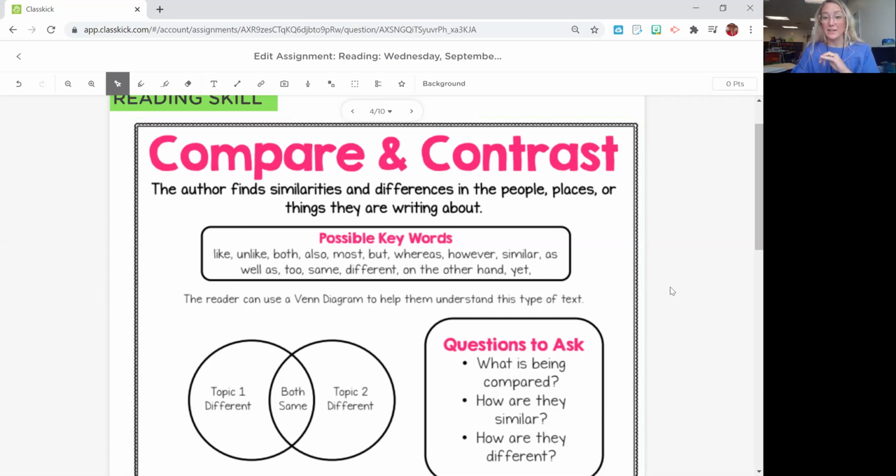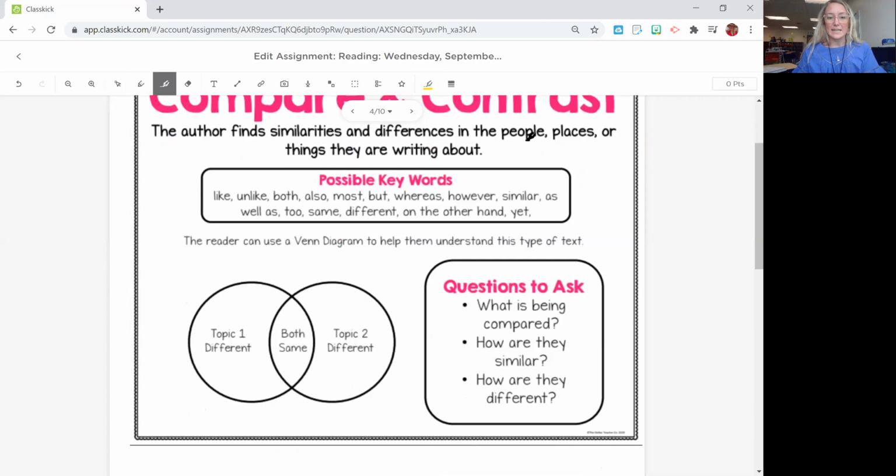Now, when we are comparing and contrasting as a reader, we might use a Venn diagram. You may have seen one of these in second grade. A Venn diagram uses two circles to compare and contrast a topic. There are also a couple of questions that we ask as readers to help us compare and contrast whatever we're reading about.